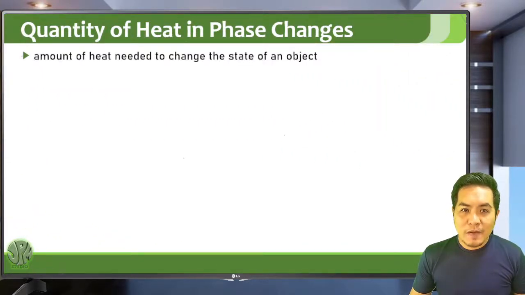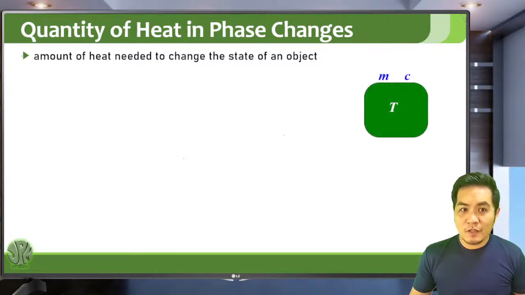So the amount of heat needed in phase changes depends on the type of material, similar to the amount of heat in temperature changes.